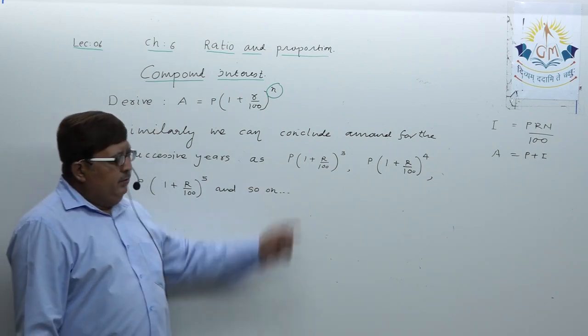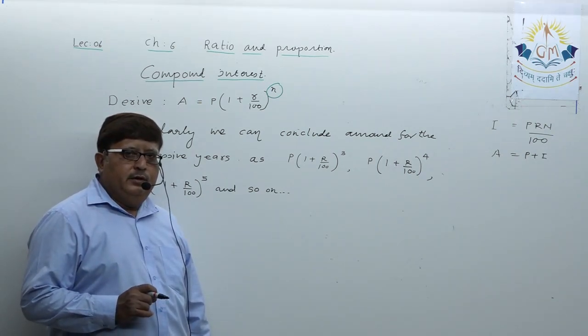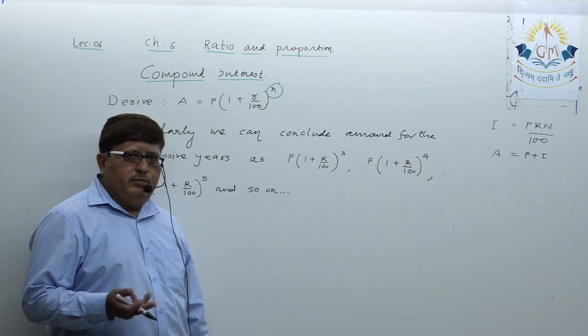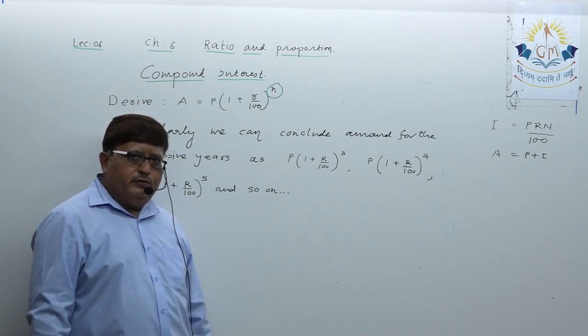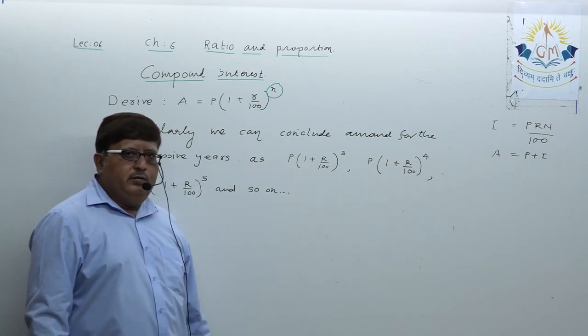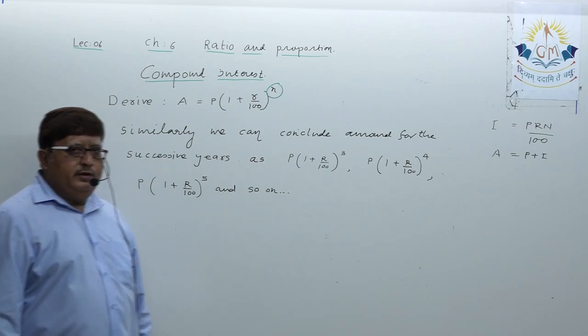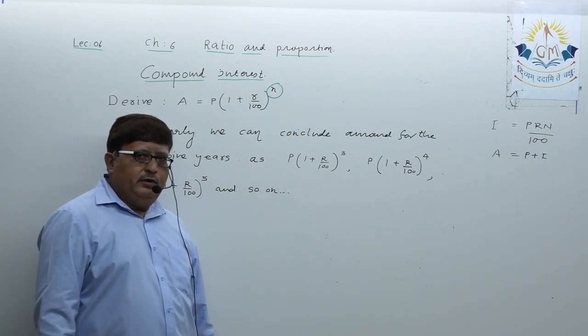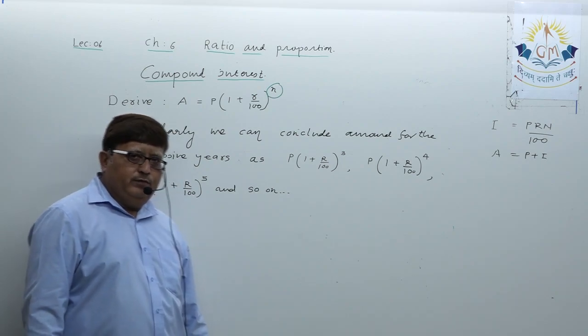Second year, P into 1 plus R upon 100 raised to 2. Similarly, if you continue the process, third year will be P into 1 plus R upon 100 raised to 3. Fourth year, raised to 4.